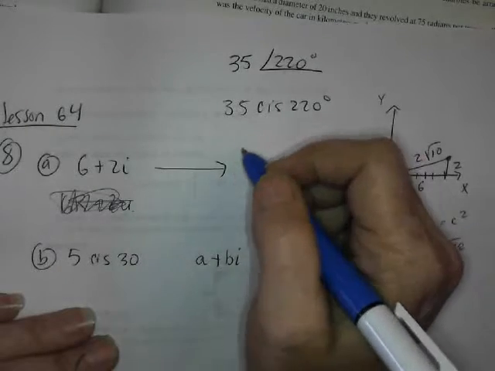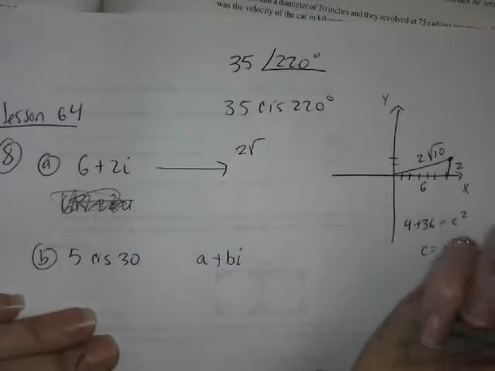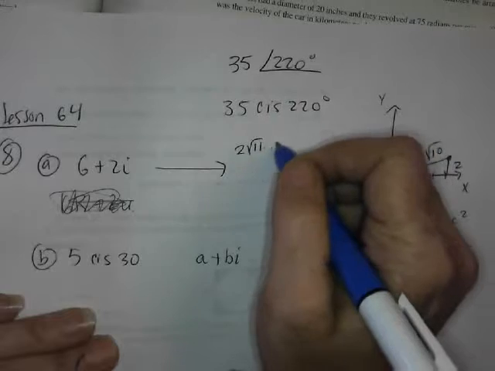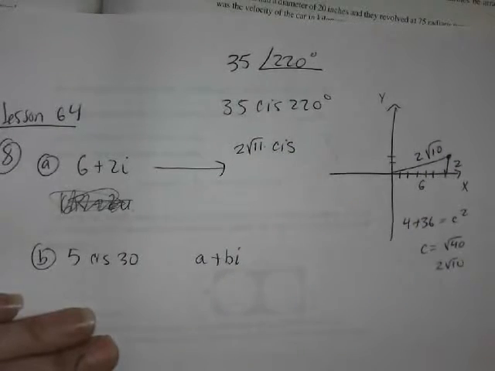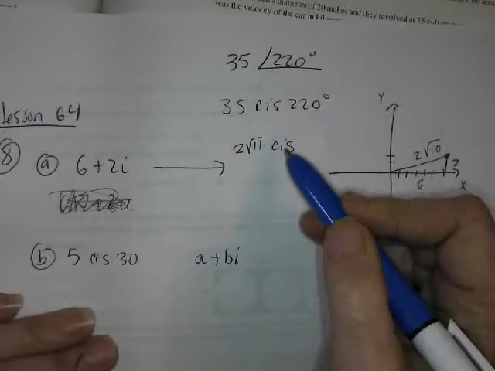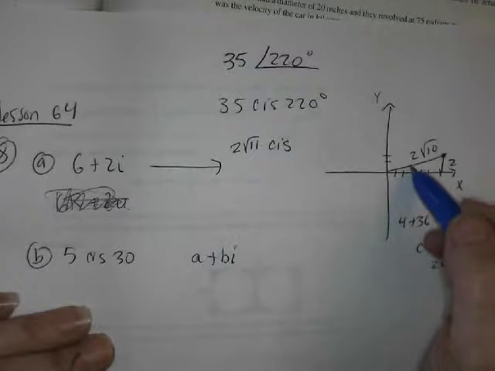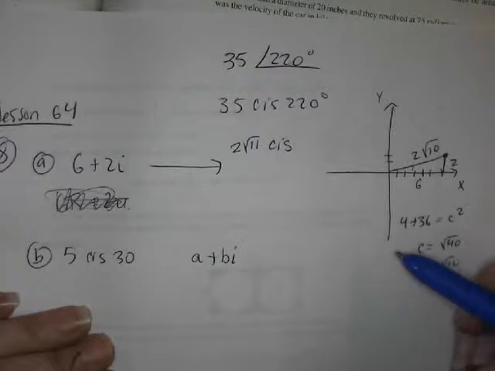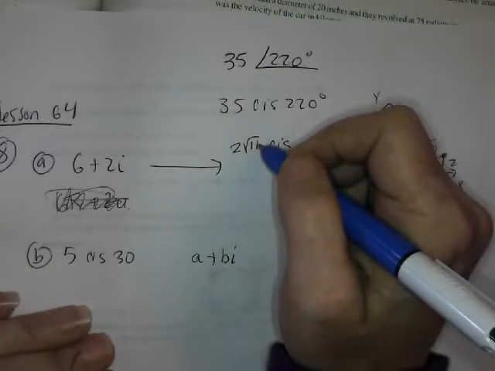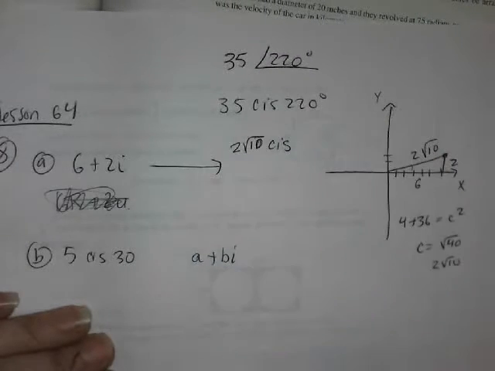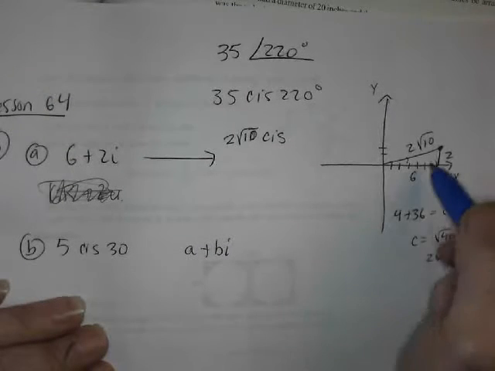Actually, I think they usually use a decimal for it, but I'm going to say 2 root 10 cis. Instead of the angle like I used to use, I'm going to write cis. 2 root 10. And then how do I get this angle measure? Anybody remember?